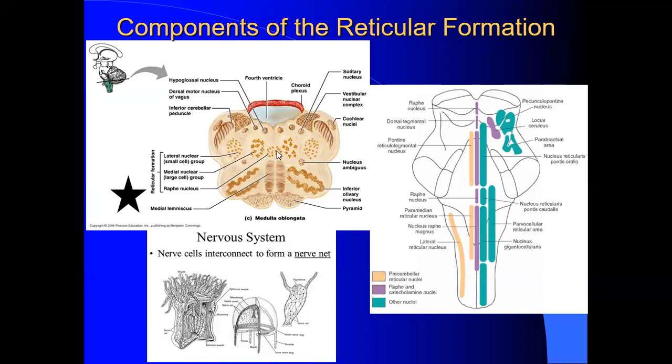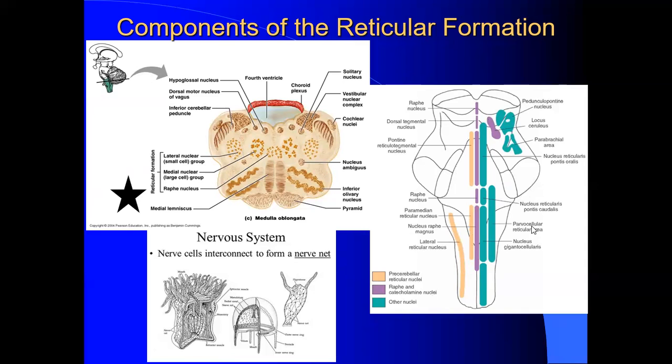And here you go. Here are the raphe nuclei of the reticular formation. These are large cells. This must be gigantocellularis of the reticular formation. And here's the lateral reticular formation. Those are very small cells out there, obviously. And then I like this slide. You can see here the raphe.